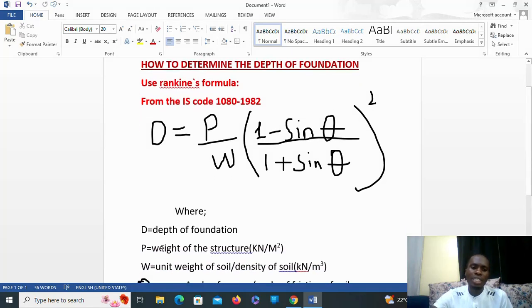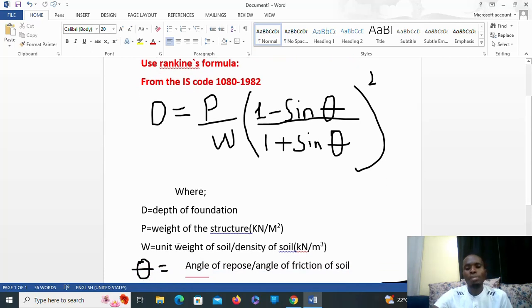Then we have P, which is the weight of the structure. This is the weight that the structure subjects the soil to, on which it is to be constructed. The weight of the structure is normally given in kilonewton per square meter. Then we have W, which is the unit weight of the soil, also the density of the soil, given in kilonewton per cubic meter, but we aren't tied to these units.